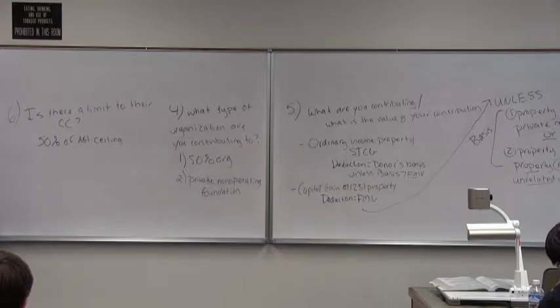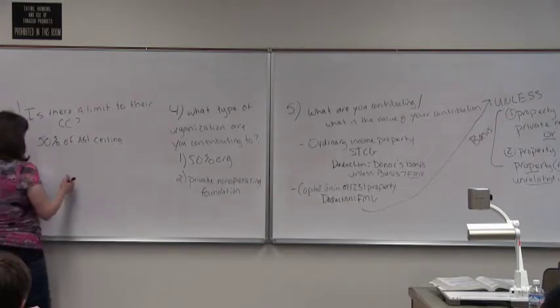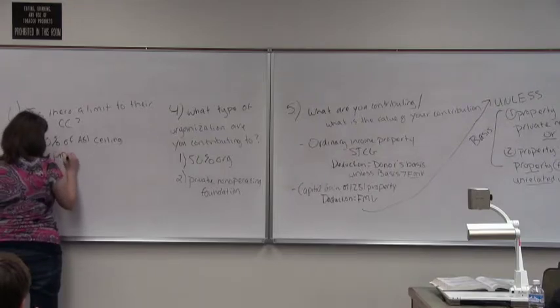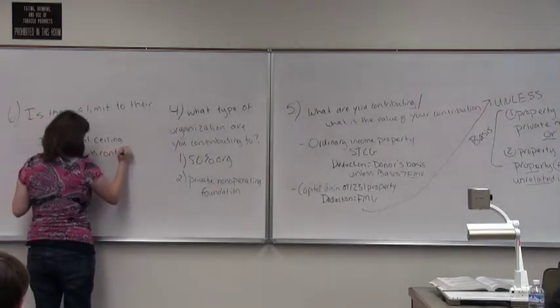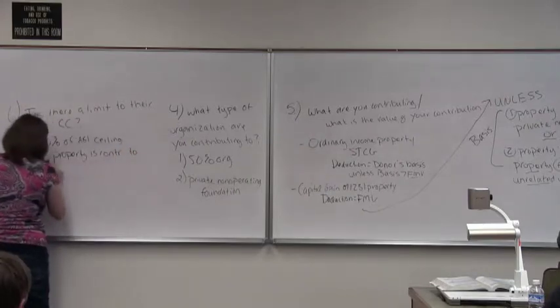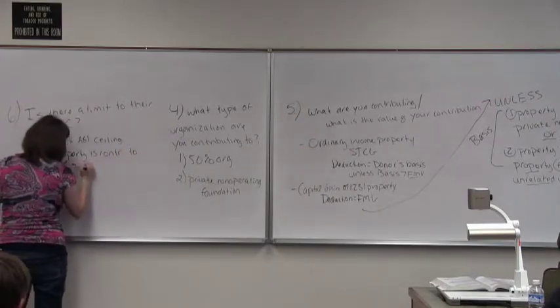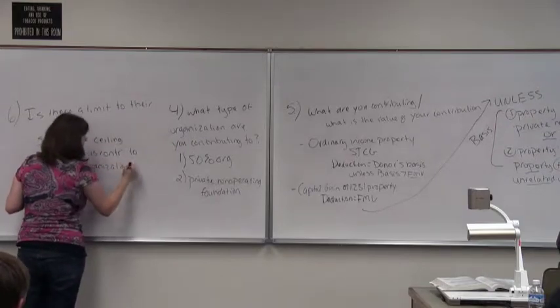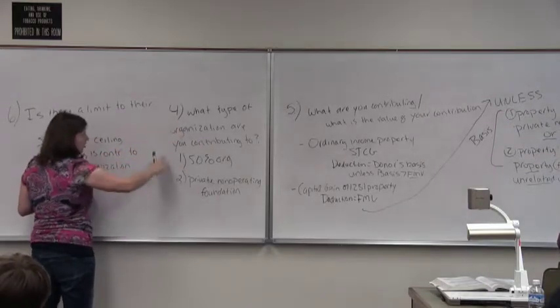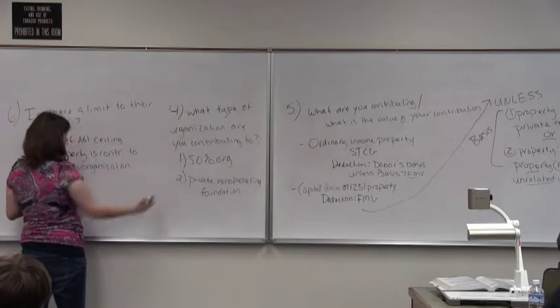All right. So the first option is a 50% ceiling. This applies if property is contributed to a 50% organization. So remember, at this point, we have already answered question 4: what type of organization is it contributed to?